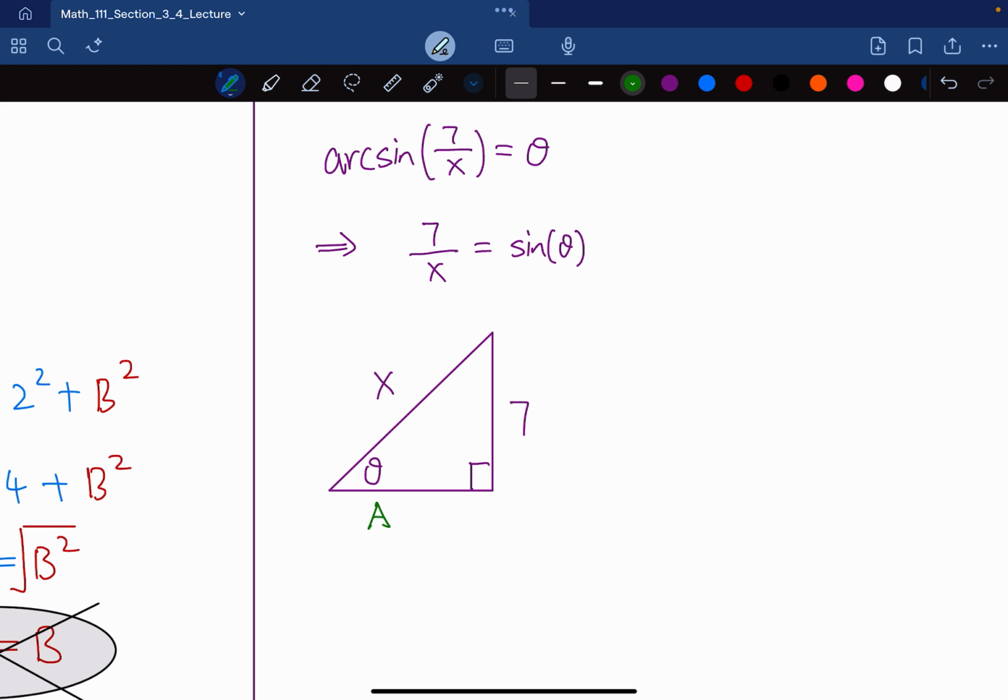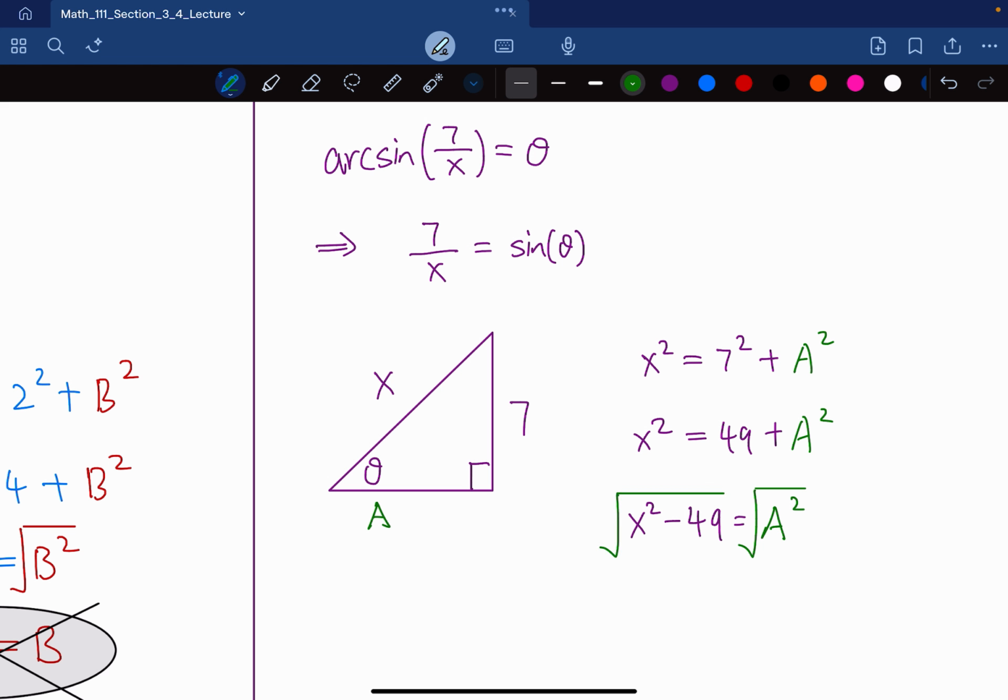Okay? Again, once we remember what we're actually after, we have x squared equals 7 squared plus a squared. Well, x squared is x squared, 7 squared is 49, plus a squared is a squared. Minus 49 on both sides. I have x squared minus 49 equals a squared. And we get a by square rooting both sides.